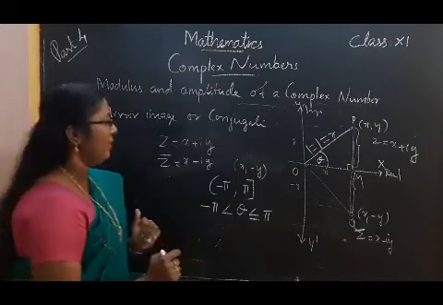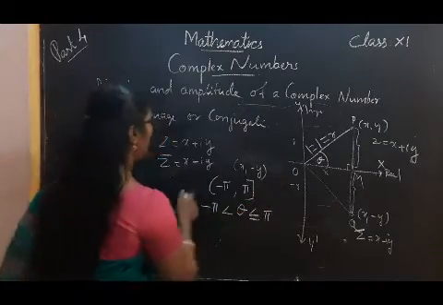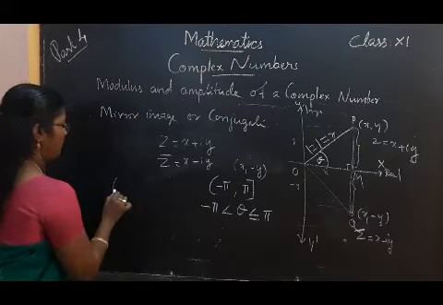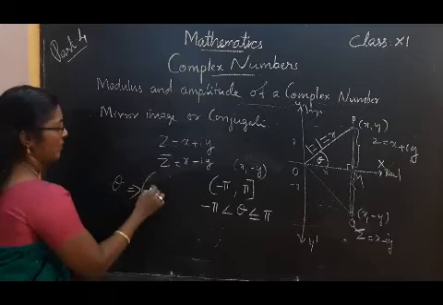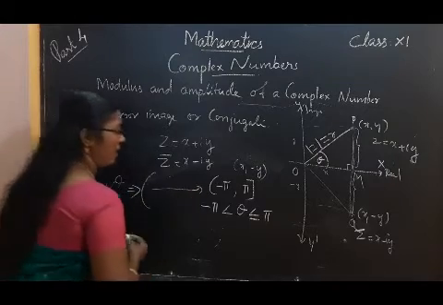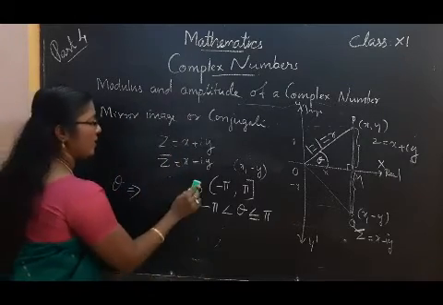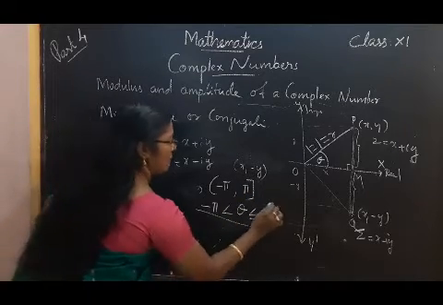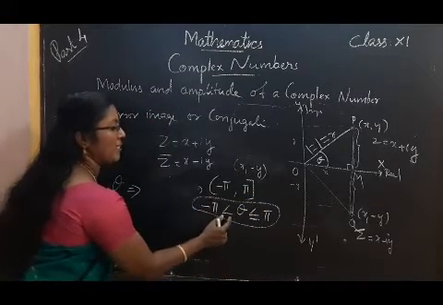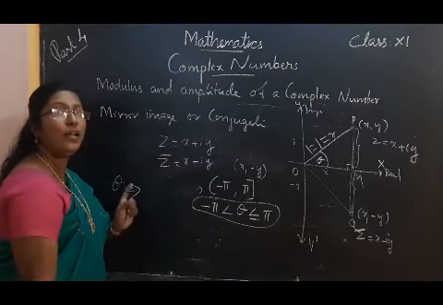Clear? Then I told you the angle theta always lies between the open interval minus pi and the closed interval pi, that is, minus pi less than theta less than or equal to pi.